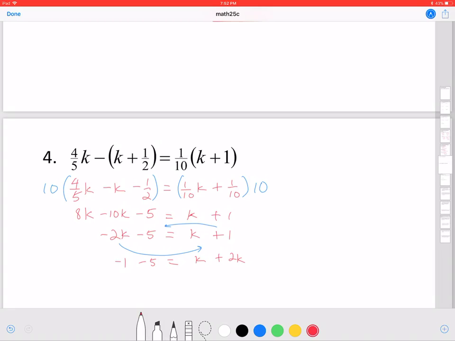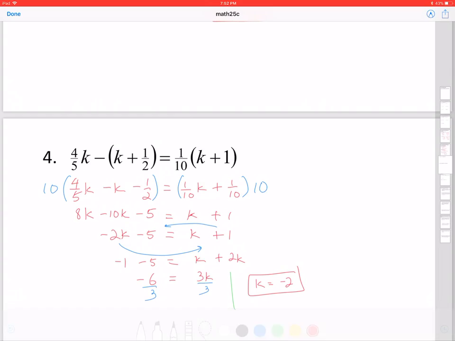Then that should give me negative 6 is equal to 3k. Divide both sides by 3, and k is equal to negative 6 divided by 3, which is negative 2. And that should be my answer for that problem.